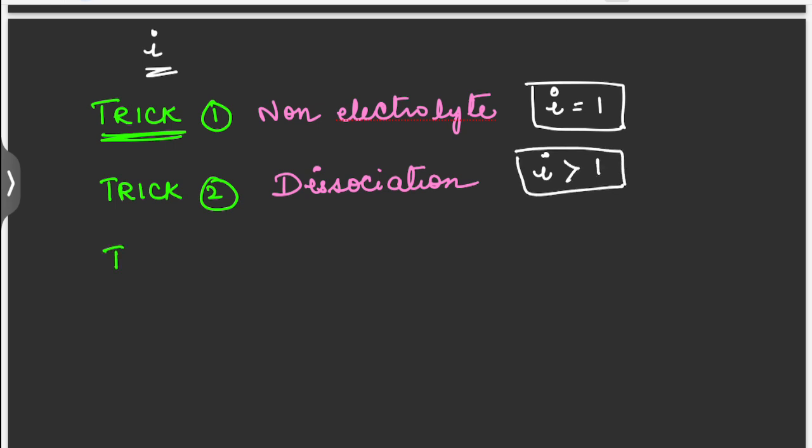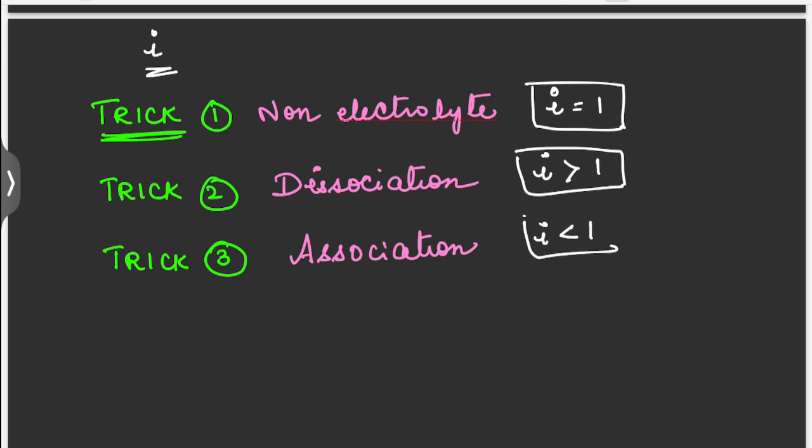And trick number 3 is, if the solute undergoes association, then the value of i will be less than 1. So this is the trick you are going to remember. Now I'll teach you with examples how to find it. First learn this trick, learn the values, then we can easily calculate.